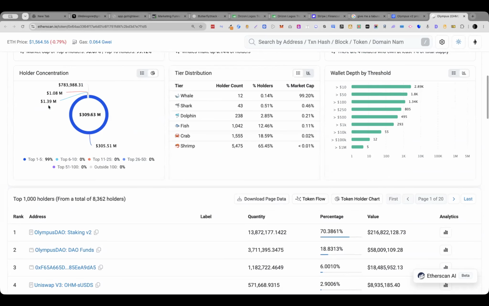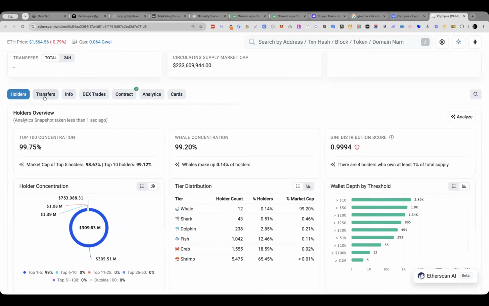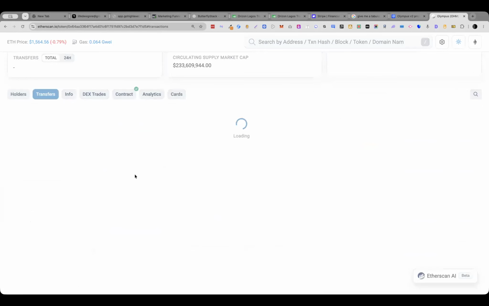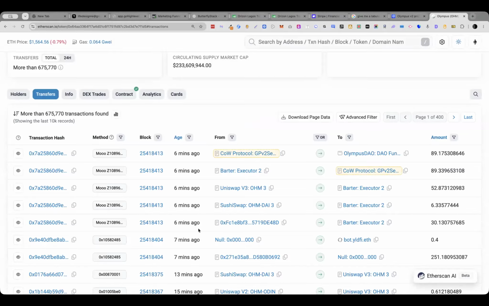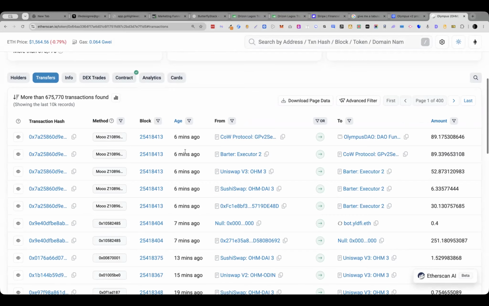Now, if you come here 5 years and 3 months later, come to transfers, you will notice that there is still action in this project. People are still withdrawing. People are still staking. Look at 6 minutes ago. Look at this transaction.